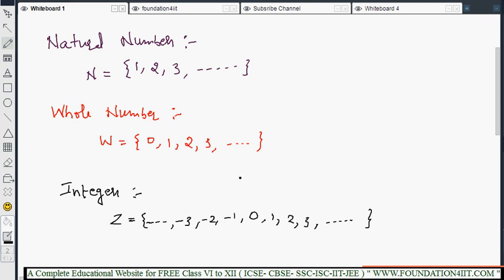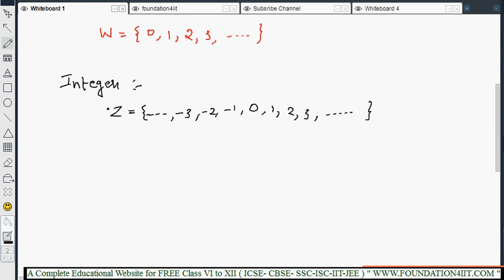Next, fractions. The numbers of the form a by b, where a and b are natural numbers, are called fractions. A comma b belong to natural numbers, with the belongs-to symbol.